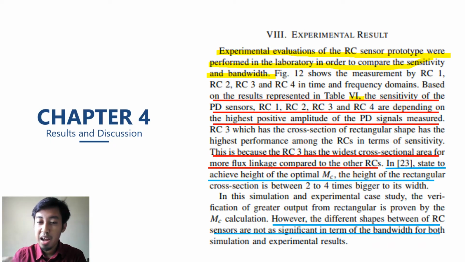So I would like to justify and strengthen this statement with reference 23. I found the reference from previous research in 23, which states that to achieve the optimal mutual inductance M, the height of the rectangular cross-section is between 2 to 4 times bigger than the width.